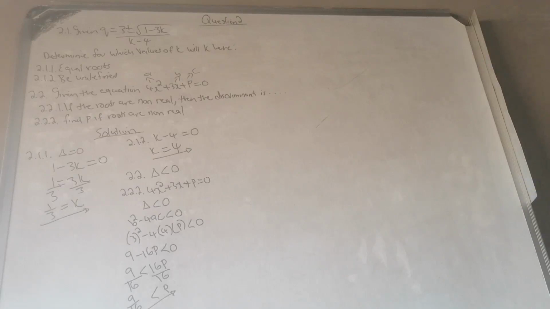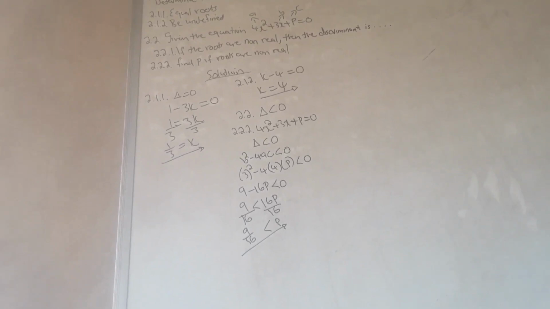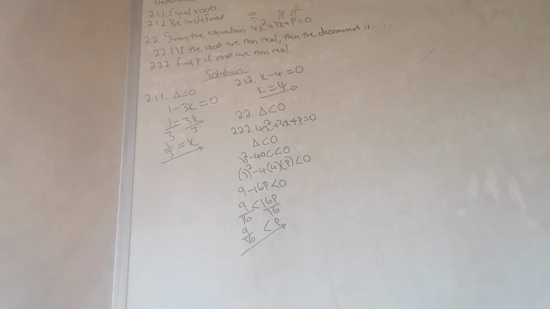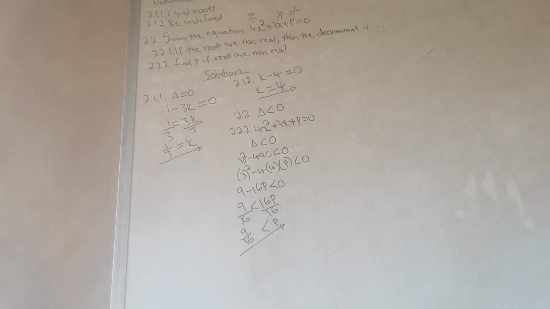Before we go to question 3, let me allow you to copy down that. This is how we calculate the discriminant, the delta, the roots of a problem that satisfies a particular condition of interest.